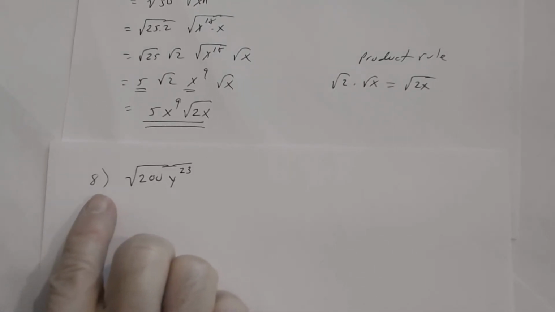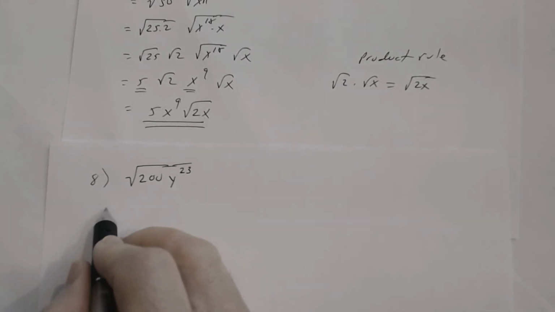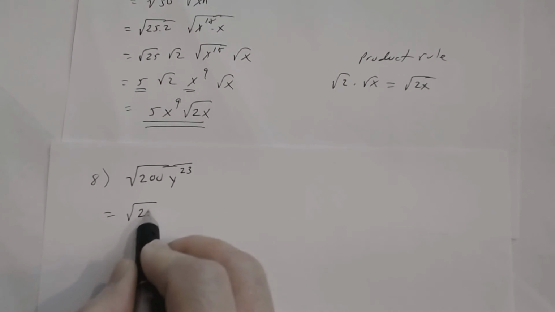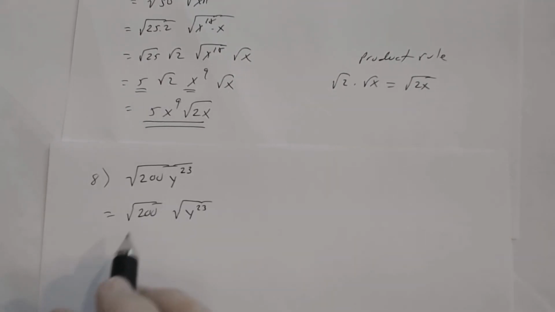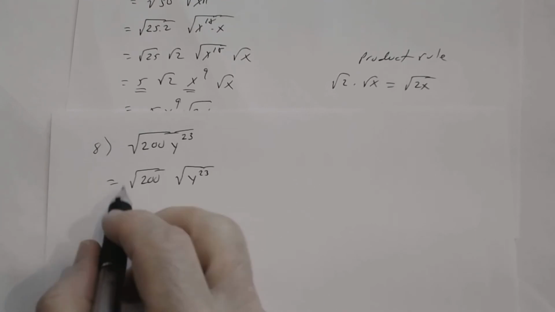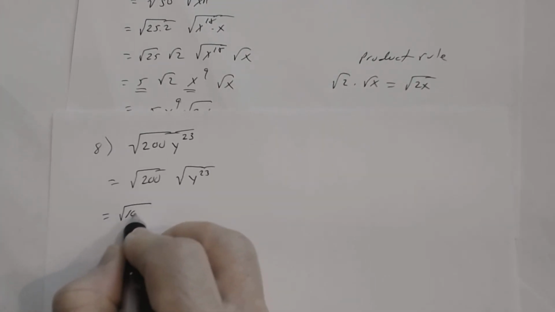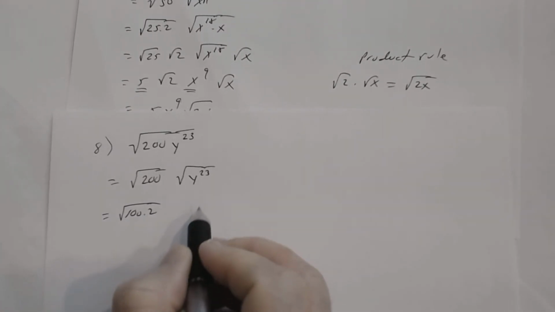Okay, so first of all, you're going to use the product rule to rewrite this. So it'll be the square root of 200 times the square root of y to the 23rd. And so let's deal with the square root of 200. So what's the largest perfect square that goes into 200? Okay, 100. So I can rewrite this as the square root of 100 times 2, right?